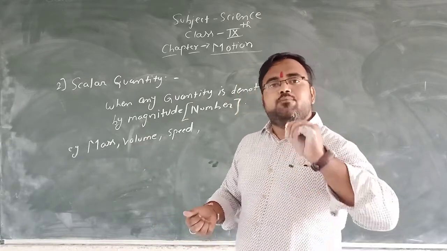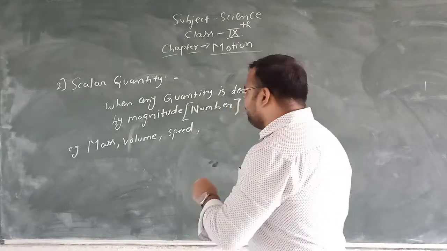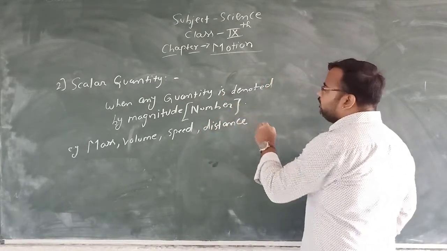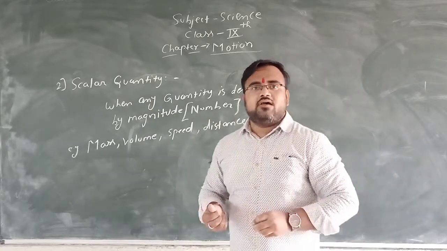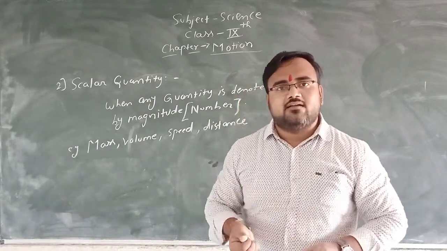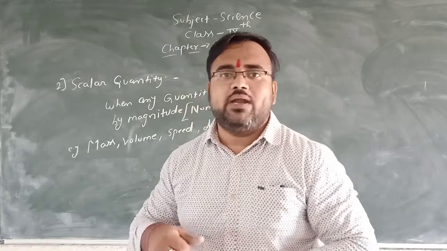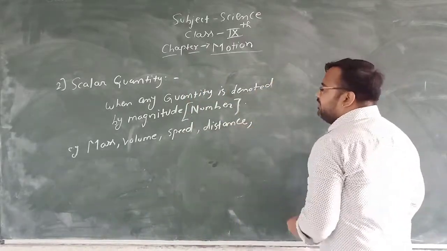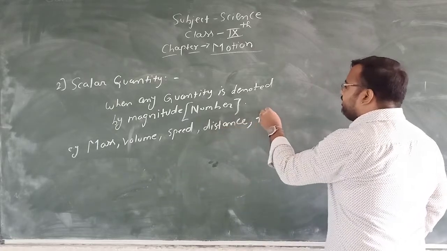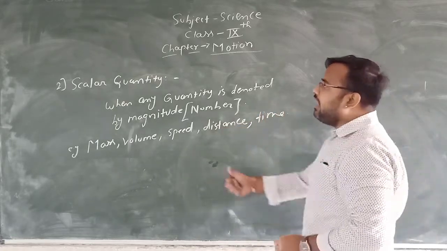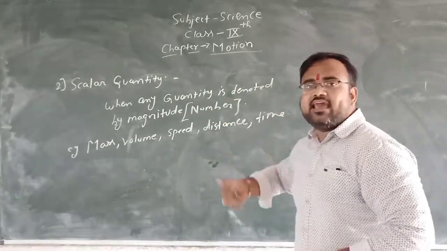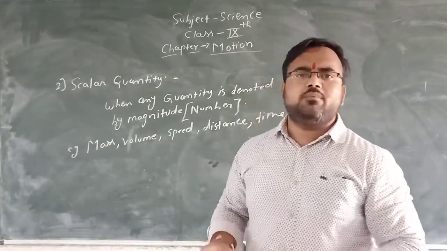Then distance, for example, 5 meter, 20 kilometer. Then time. These are the scalar quantities, because these all quantities can be denoted with the help of numbers only.